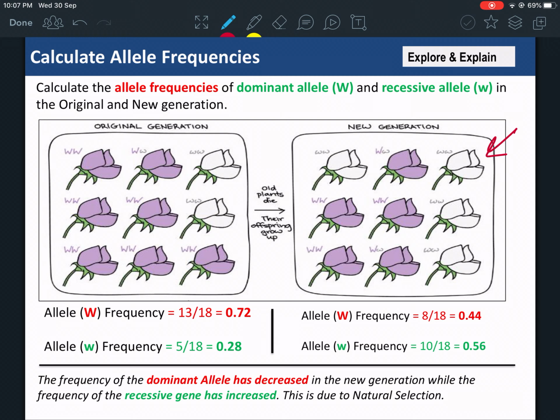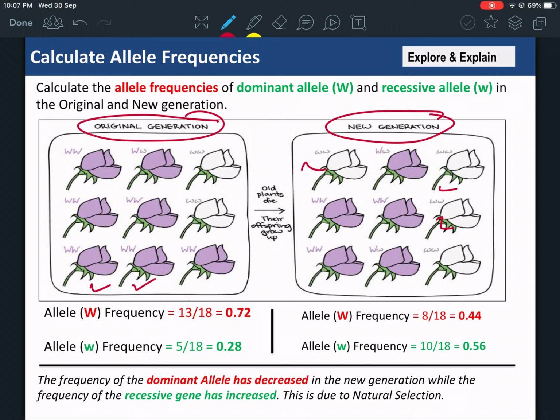Okay, maybe according to weather conditions, the white ones are able to survive better now. You never know what's the condition that's going on, but they're just showing you here an example that in the original generation you had more purple, in the new generation there is more white, and the alleles are changing completely, and the dominant allele has become less, the recessive allele has become more.